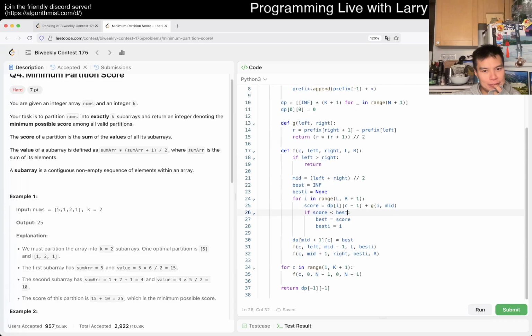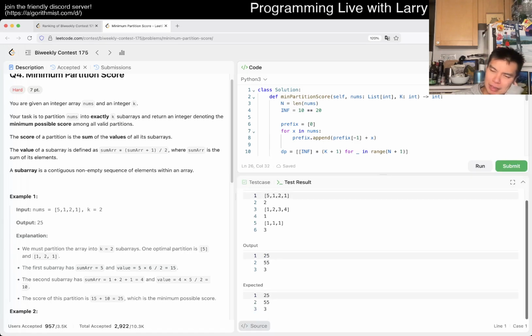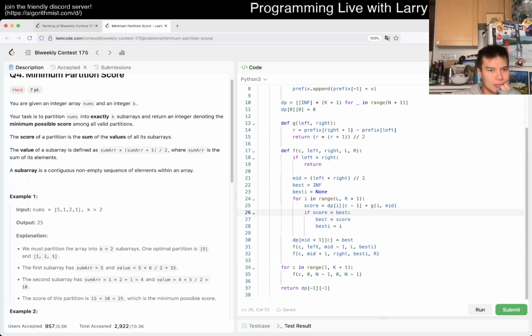Actually, is it N cubed? I guess amortized it is not.